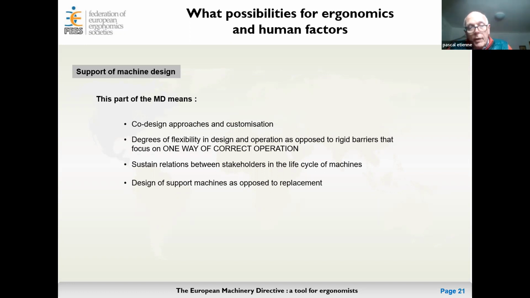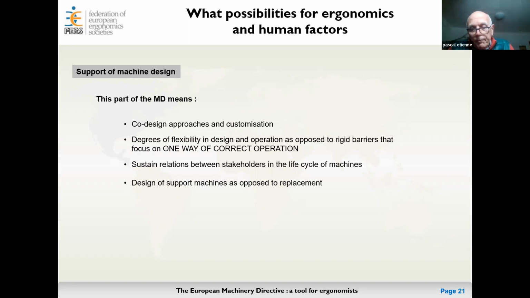And it would be very useful if user guides or comments linked to the Machinery Directive or Machinery New Regulation to give a specific reference to the need to take into account the feedback from users to encourage the manufacturers to assess the ergonomic and safety impact of the machines.